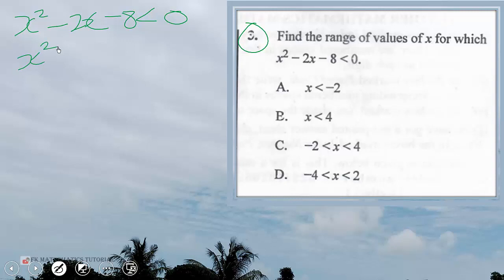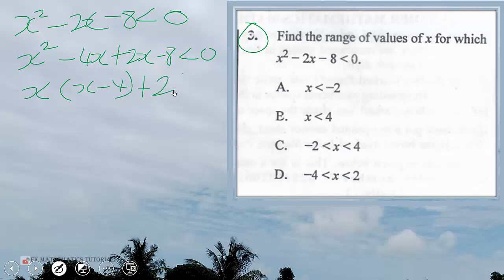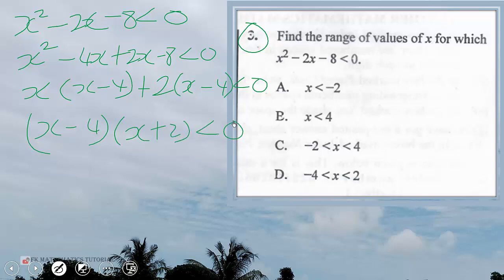So we'll get x squared minus 4x plus 2x minus 8 is less than 0. So we factor x to get x into bracket x minus 4, then plus 2 outside bracket x minus 4, is less than 0. So x minus 4, x plus 2 will be less than 0.